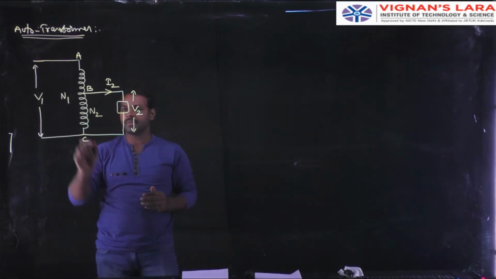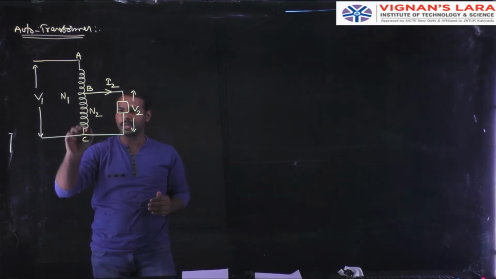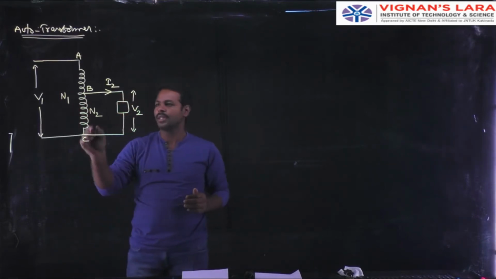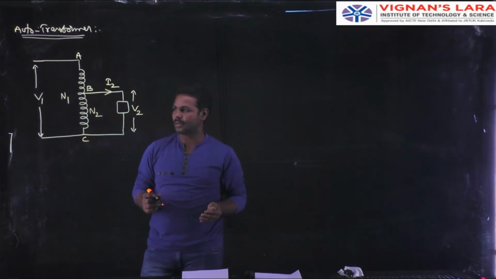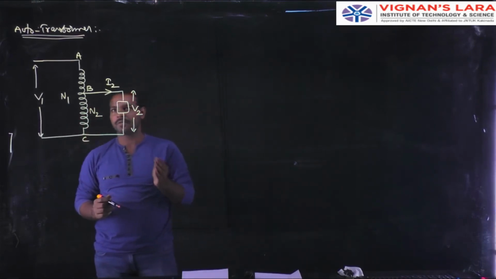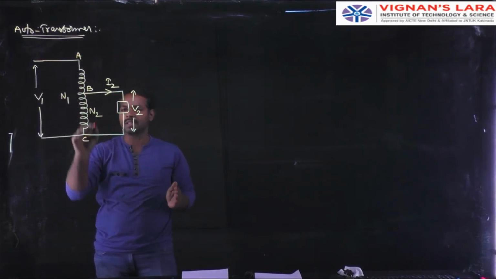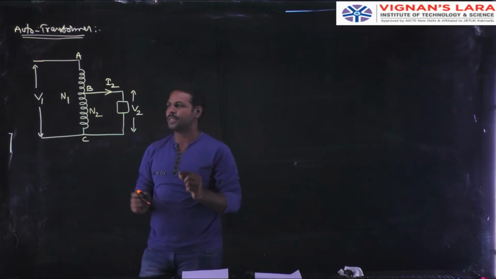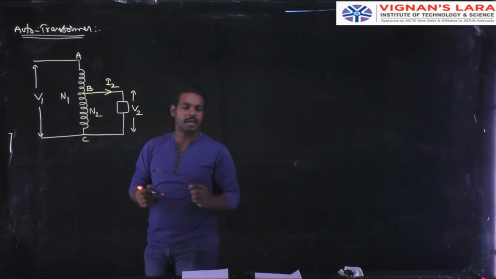Induction means the winding interlinking the primary and secondary, that is BC, where energy is transmitted through the induction process. The energy transmitted from primary AB to the secondary winding BC is through the conduction process.